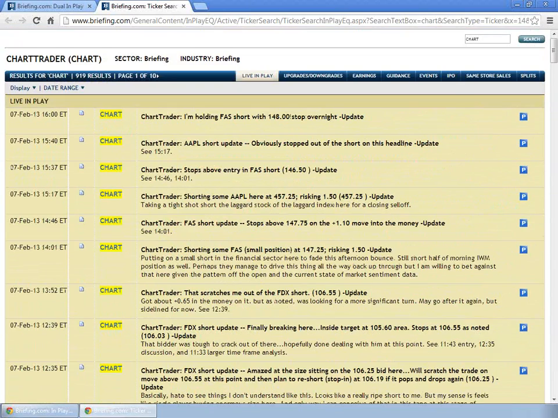In terms of people who are new to the service, Chart is a very talented trader. I would definitely pay attention to the things he's talking about, the trades he's putting on. He trades on both an intraday basis and a swing basis.